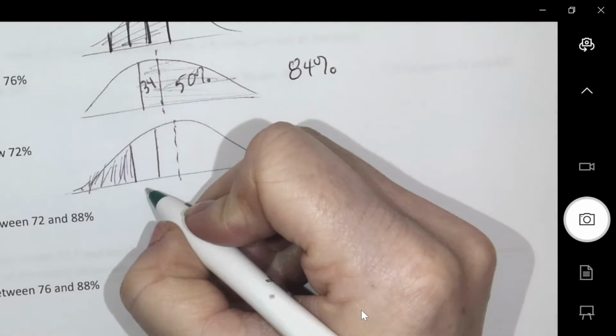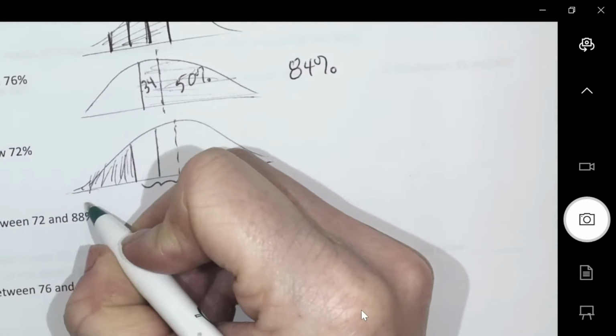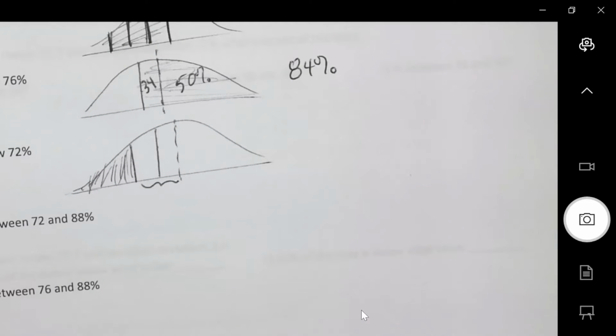For me, I would probably minus it from the 50%, but you might have all your sections on your paper, so you can do that if you want.